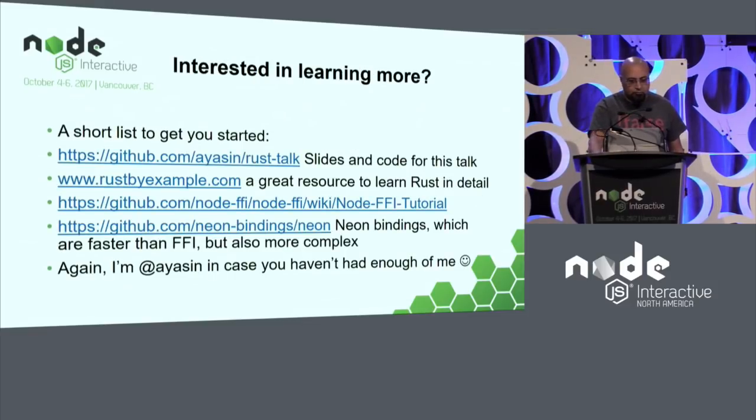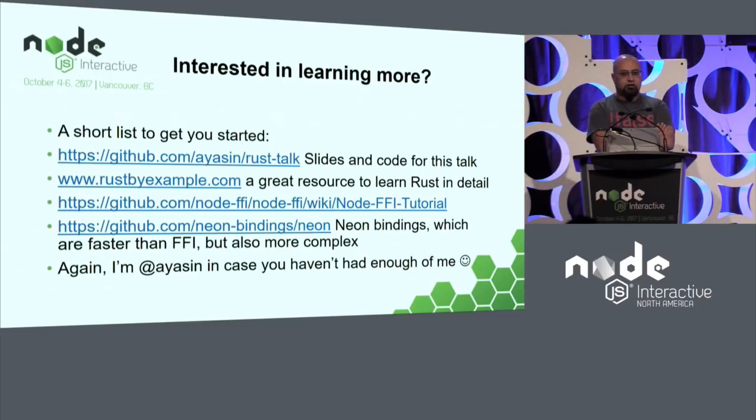So if you're interested in learning more, which I hope you are, here's a short list of resources to get you started. All of the code and the slides for this talk are available on my GitHub. Rust by Example is an amazing resource to learn Rust. It's got exercises and things like that you can follow along with. The Node FFI tutorial is a really good place to learn more about FFI if you're interested in that, and if you're actually going to use it, I strongly suggest taking a look at it.